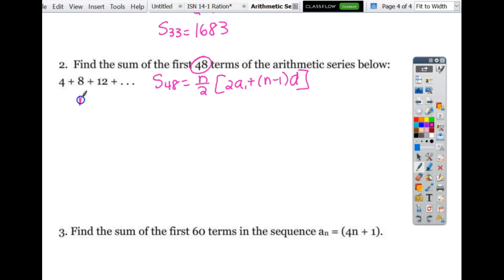So my n is 48. My a1 is 4. And what's my d this time? 4, because 8 minus 4 gives me 4.